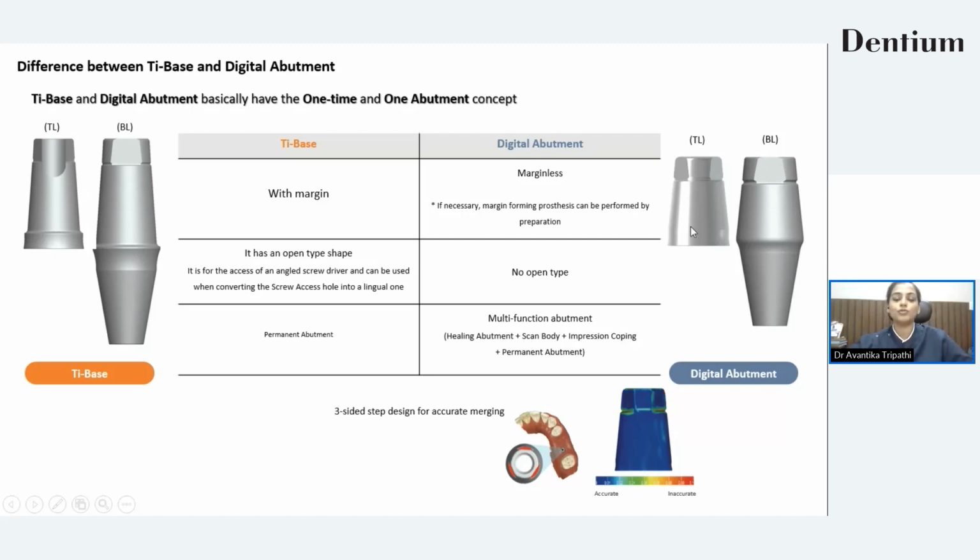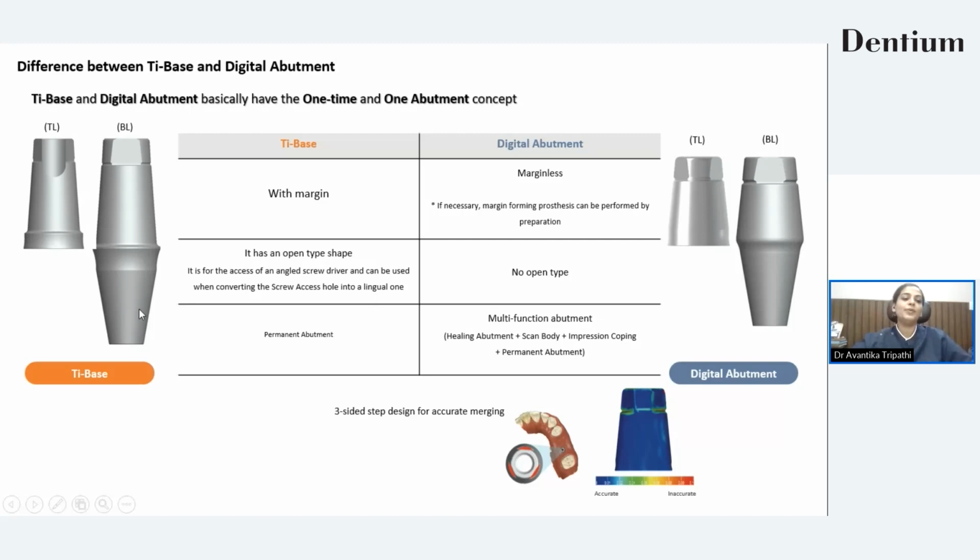According to the case, if I need a marginless abutment, I can choose the digital abutment, because here we can create the margin according to the requirement if needed. Here we have to use the same margin, we cannot change it.